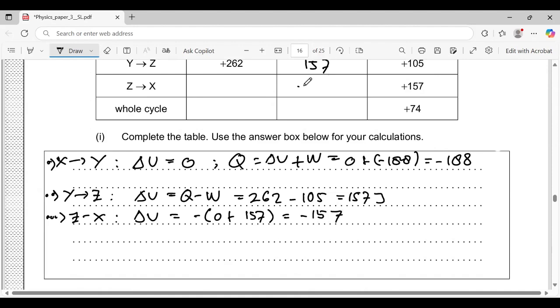So here minus 157. And for Q, it is delta U plus W, equal to minus 157 plus 157, it equals 0. So here is 0.